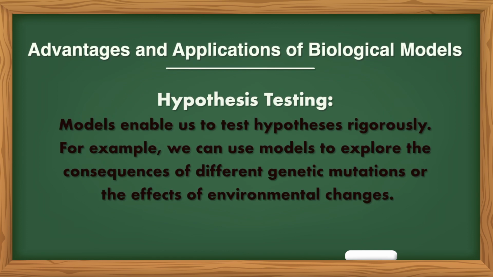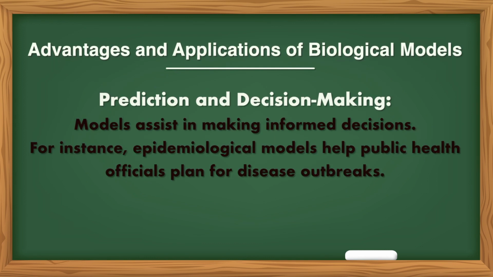Now, let's see another one, that's hypothesis testing. Models enable us to test hypotheses rigorously. For example, we can use models to explore the consequences of different genetic mutations or the effect of environmental changes. Another one is prediction and decision making. Models assist us in making informed decisions. For instance, epidemiological models help public health officials plan for disease outbreaks.